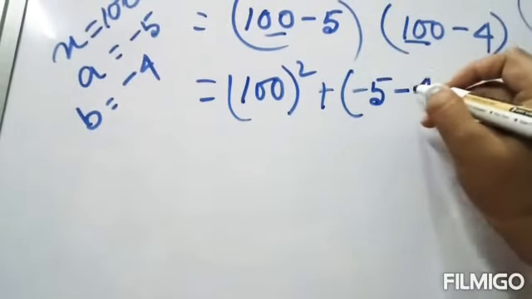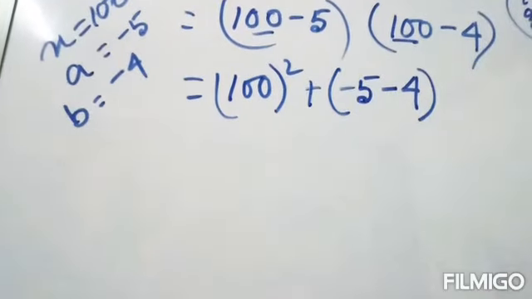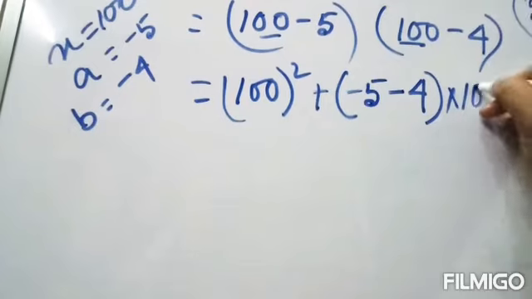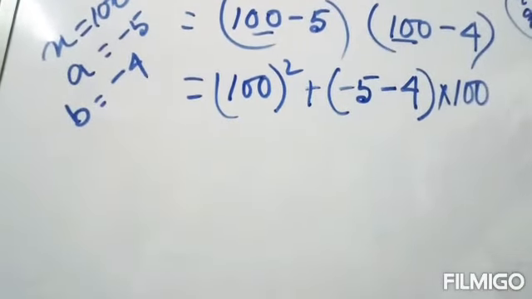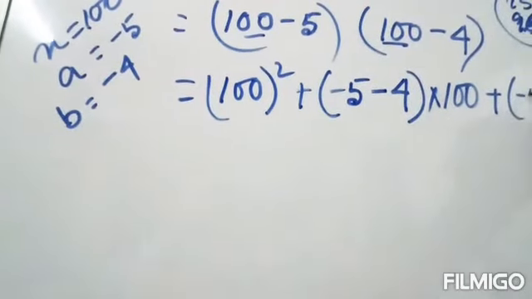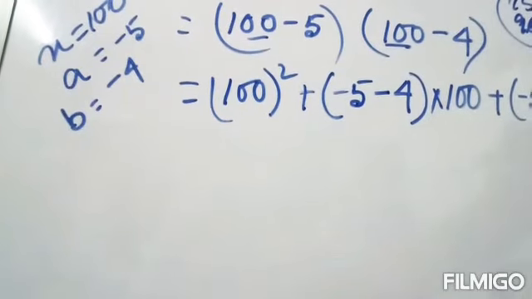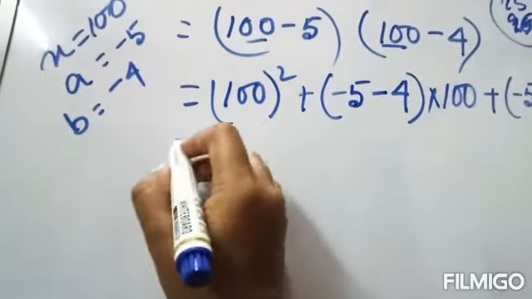So plus into minus is minus, into x, plus a into b, which is minus 5 into minus 4.